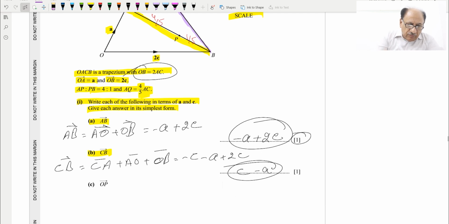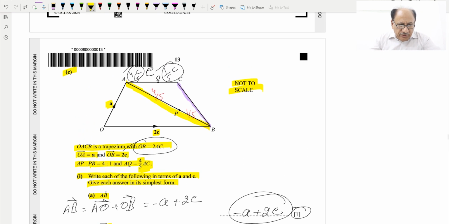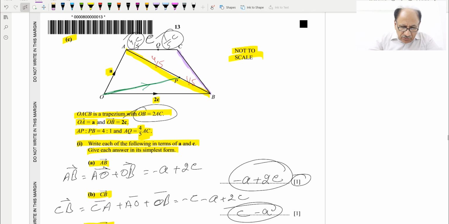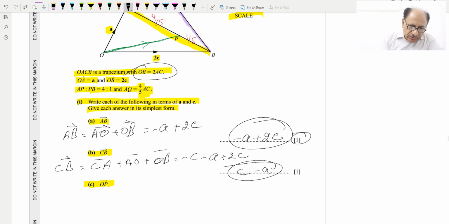I have explained properly so that you can understand better. Now OP is required. So OP we can draw first, O to P. OP will be in this direction. Now OP we can take as OB plus BP. So we write the OP vector is equal to OB vector plus BP vector.